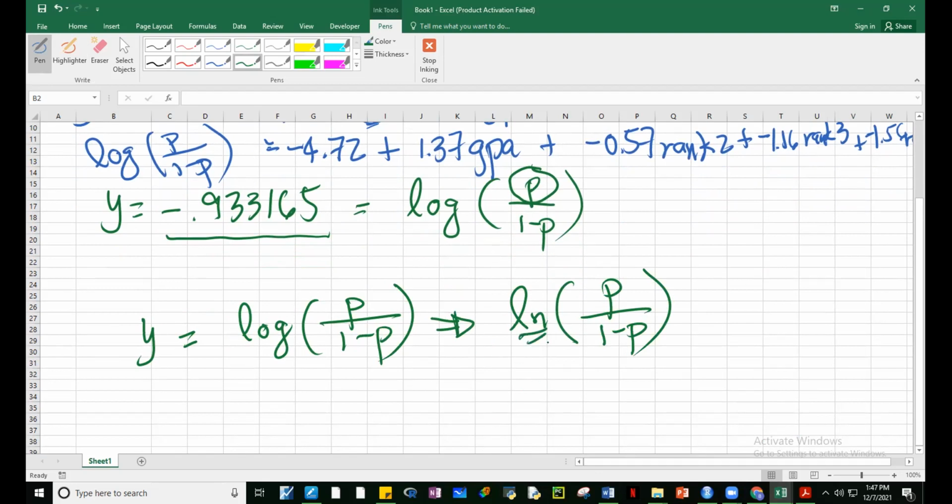Ang gagawin natin, i-raise natin to e, no? Exponentiate it. So we now have e to the y is equal to e to the ln of P over 1 minus P.